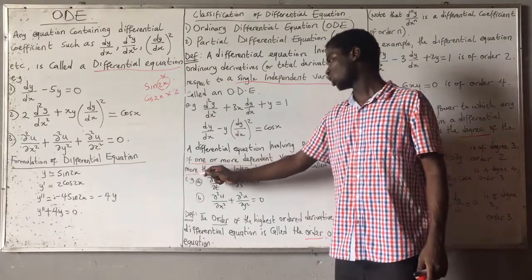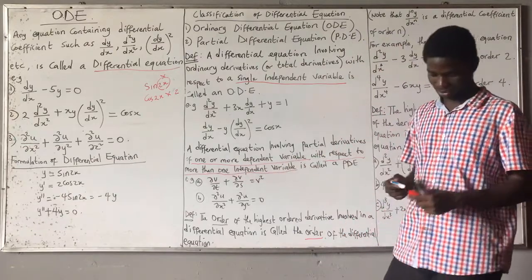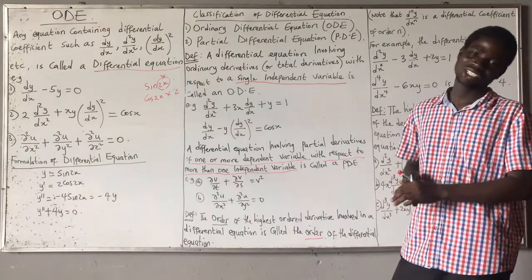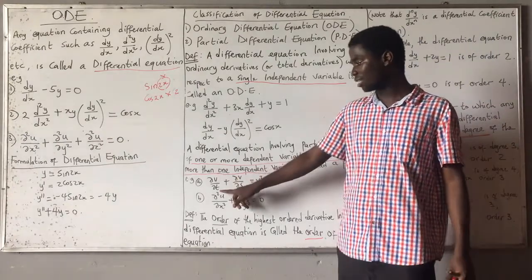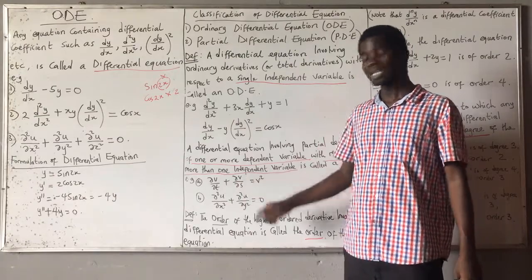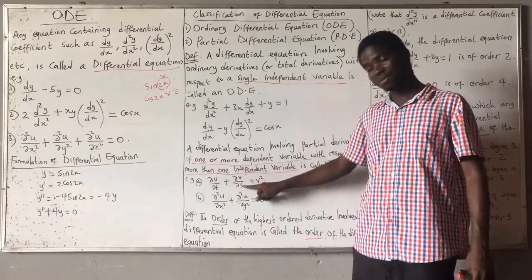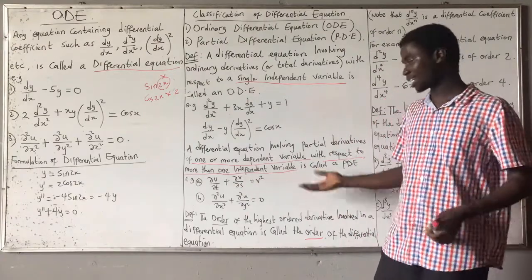This one is very important: more than one independent variable is called a partial differential equation. Example: ∂v/∂t + ∂v/∂s. This one is differentiated partially with respect to t, another derivative with respect to x, is equal to v squared. This is a partial differential equation.